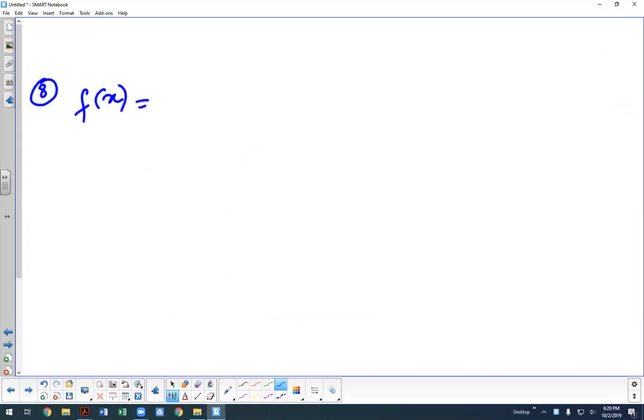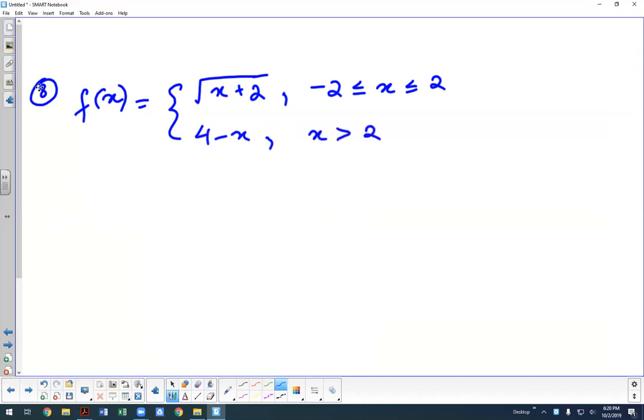So f of x was square root of x plus 2, defined from -2 to +2, and then the other one was 4 minus x, defined for x values greater than 2. So when you're setting up your table, for the first part of our piecewise function you want to use anything from -2 to +2.